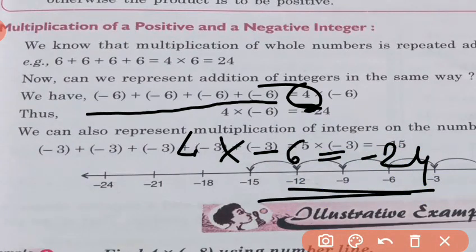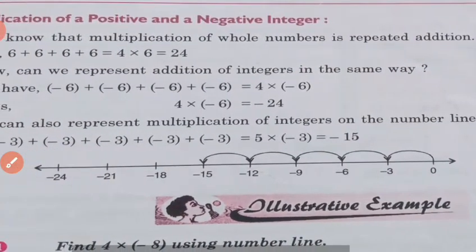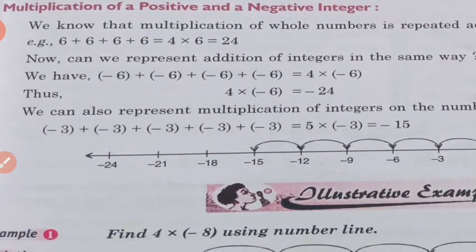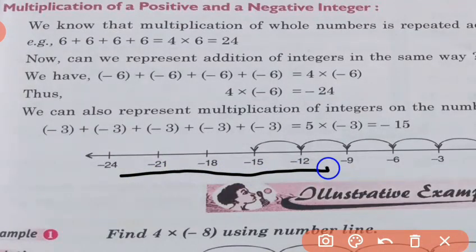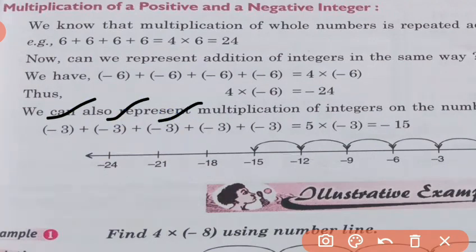We can also represent multiplication of integers on the number line. We know that a number line is a line on which we can represent numbers. So we can see one example. Minus 3 plus minus 3, then again plus minus 3, plus minus 3 and lastly plus minus 3. We can see that minus 3 is given how many times? 1, 2, 3, 4, 5.